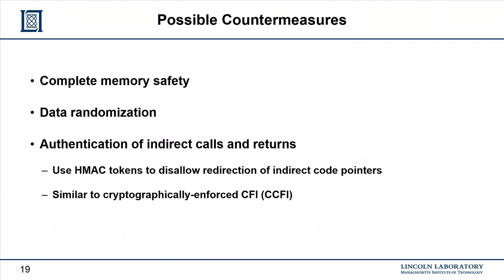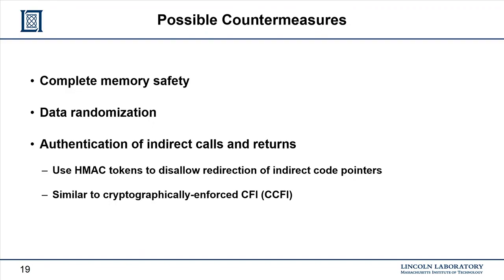So how can we mitigate this type of attack? Of course, complete memory safety would prevent AOCR attacks. So that's one solution, of course, given that the performance overhead would be acceptable. AOCR attacks are oblivious to addresses in the code, but they're not oblivious to data. So if we randomize the data, it's going to break this type of attack.